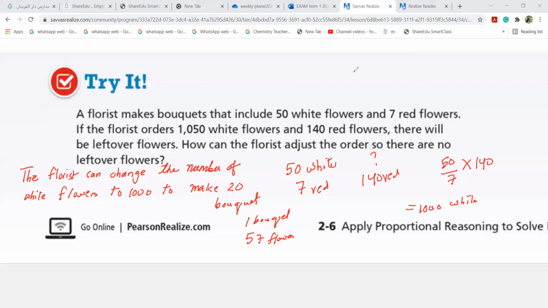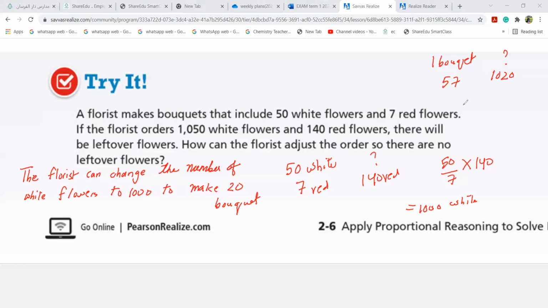Or I will do it up here, girls. One bouquet has 57 flowers. So how many bouquets with 1,000?